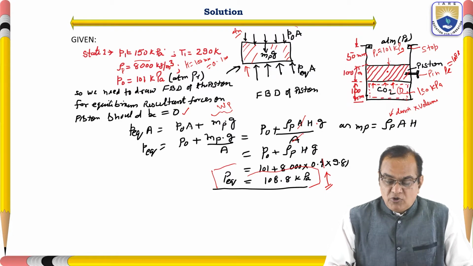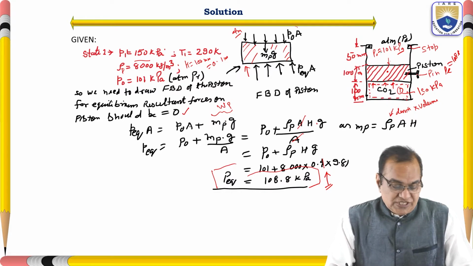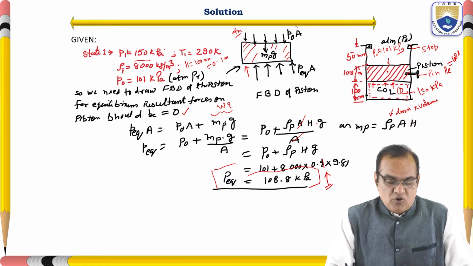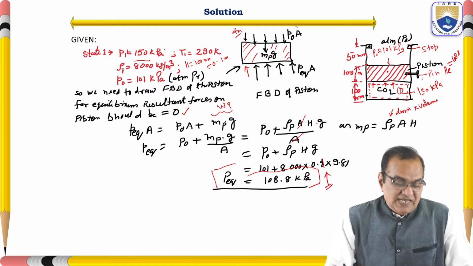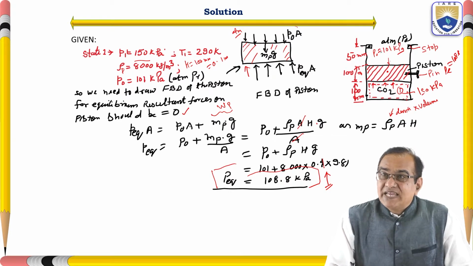So the pin is making sure that it is in one place, but if we remove this pin, the piston will have a tendency to go upward, because in this system we have more pressure than the net equilibrium here.